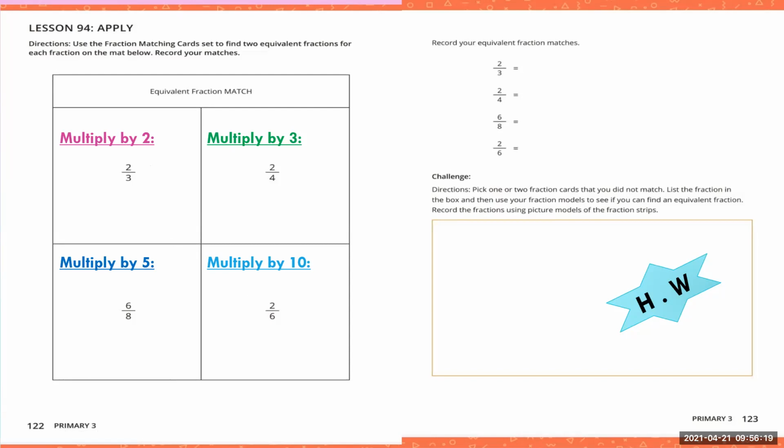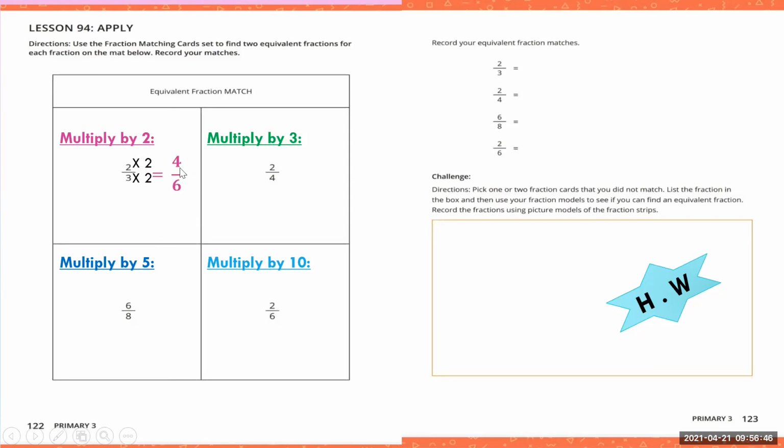We said before, what we do up, we must do down. What we multiply with the numerator, we must multiply with the same number in the denominator. So multiply by 2 up and down.